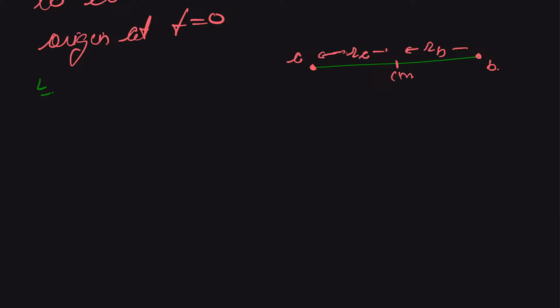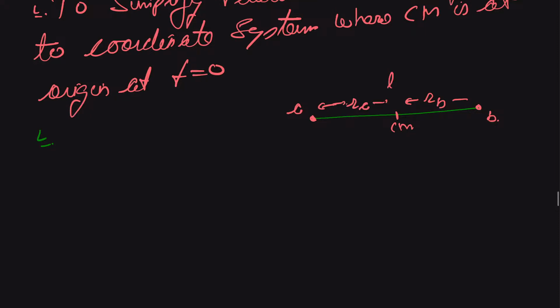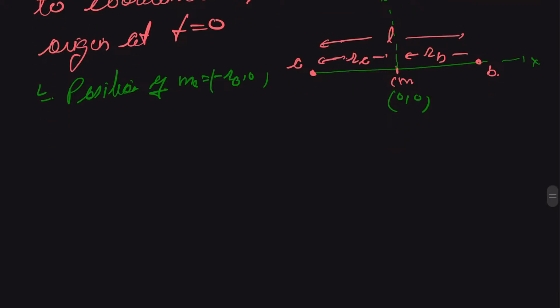So from here RA plus RB is equal to L, because the total length is given to us as L. So you can say the position of mass A is minus RA comma 0, because this is now the x-axis and this is our origin, and this is once again at t equal to 0.